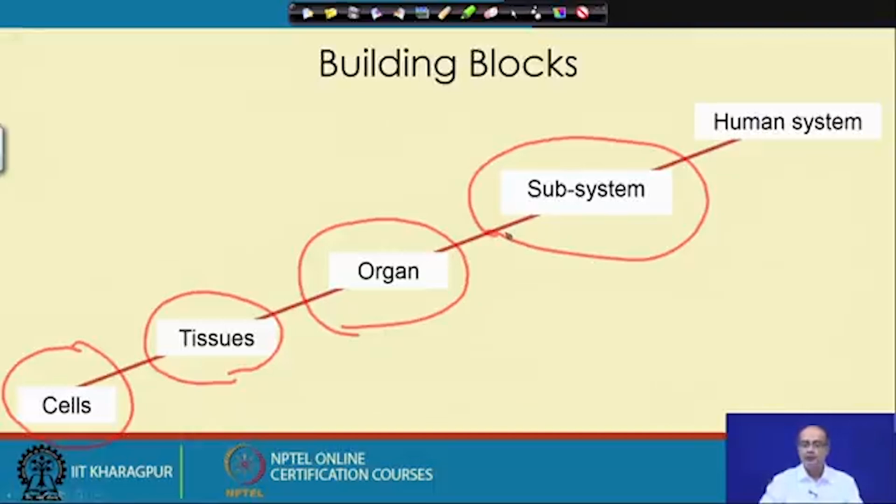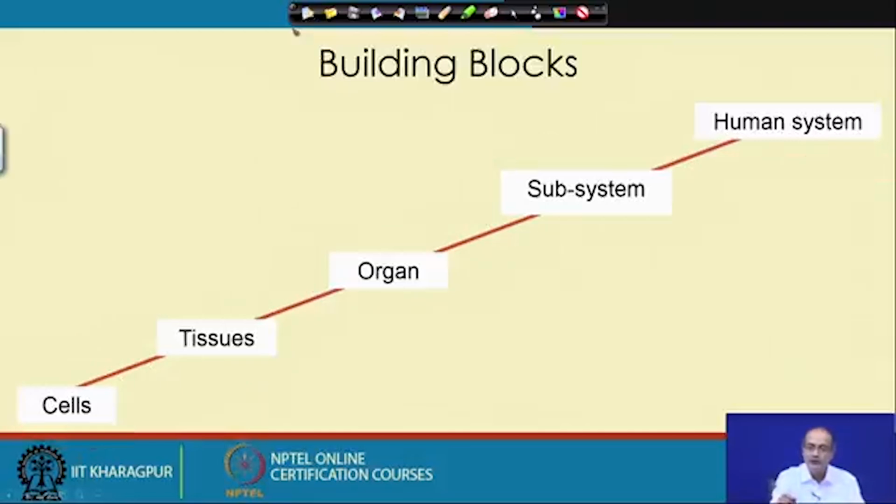When all such subsystems act in a harmonious way, we get the existence called the human system. This is very important for us, and we would like to learn about it, so we will go ahead.